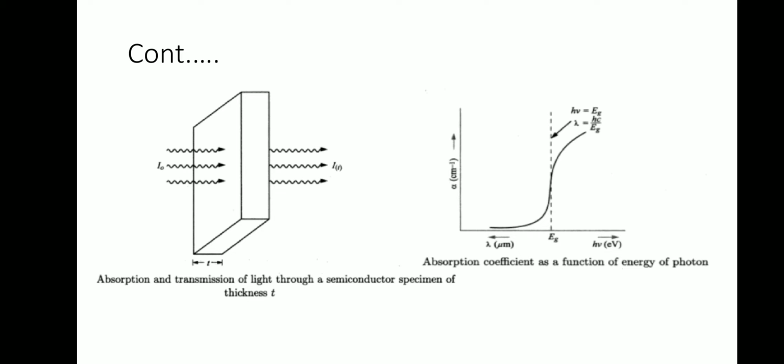In this figure we can see that the absorption coefficient of a material depends upon the incident wavelength or energy of the photon. That means if an incident photon has energy greater than the band gap energy, then the velocity of the excited electron will be higher than the thermal velocity. Under thermal equilibrium, the electron has a velocity called the mean thermal velocity.